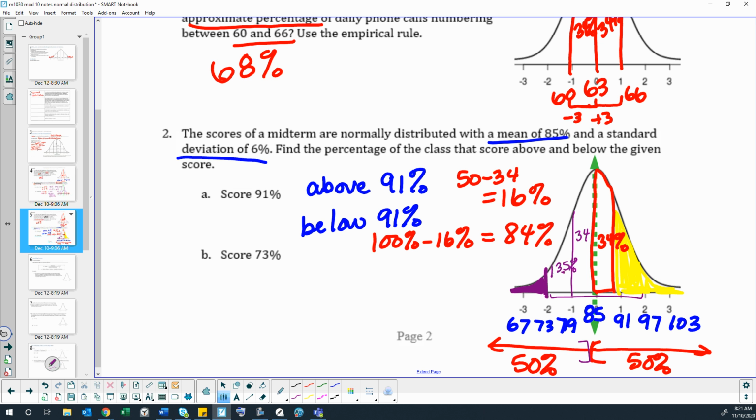So 47.5, how do we find the section that's below? So this half of the graph is 50, and this piece is 47.5. So what's that purple piece going to be?